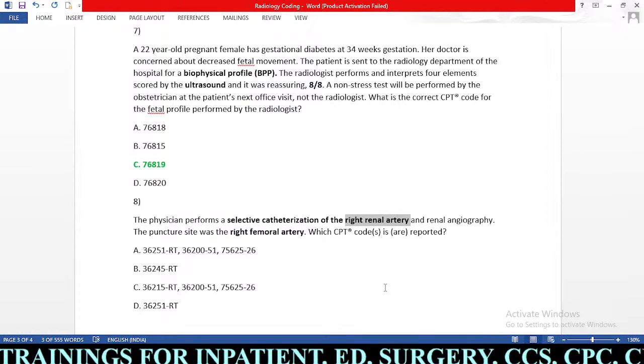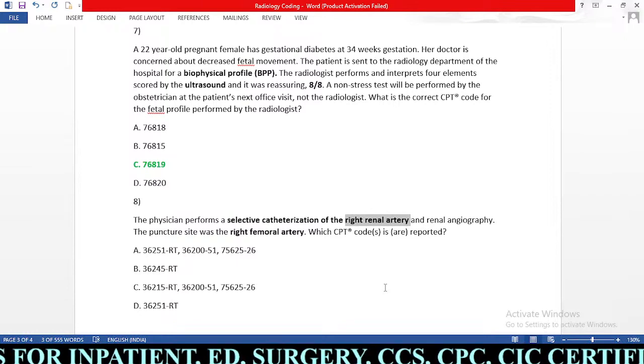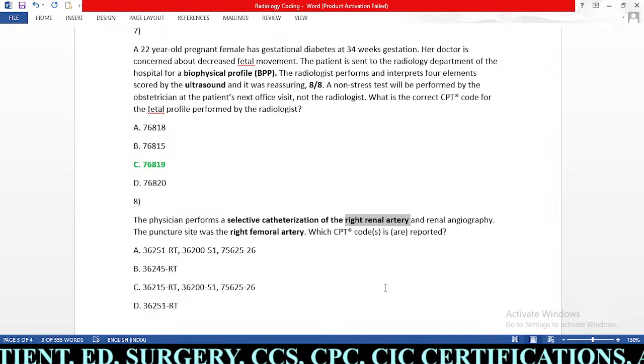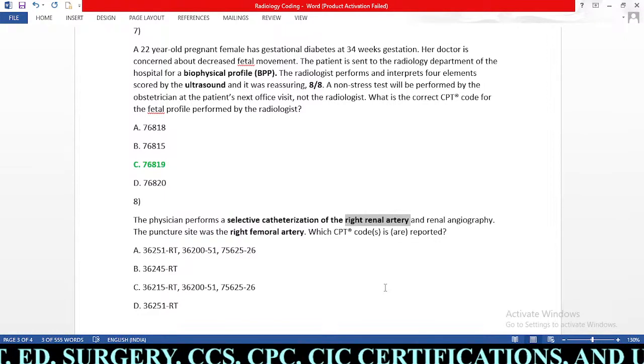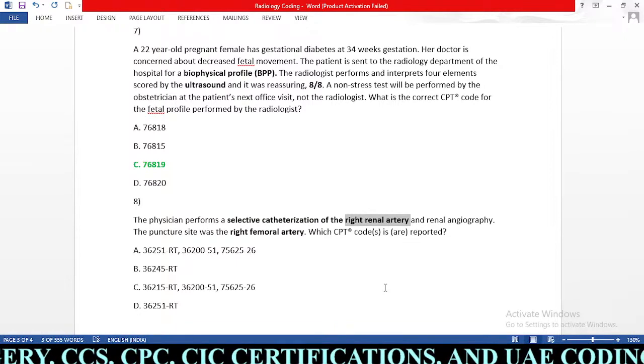So basically 245 is for lower extremity, but here the physician did not do any procedure on a lower extremity artery. So we can eliminate 36245. So we are left with A and D.